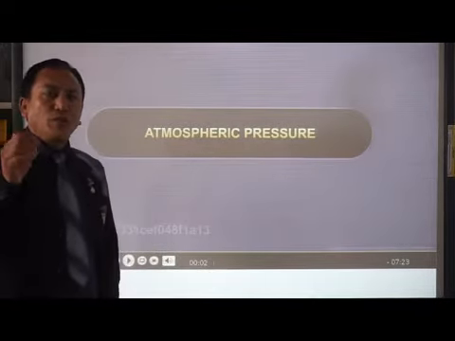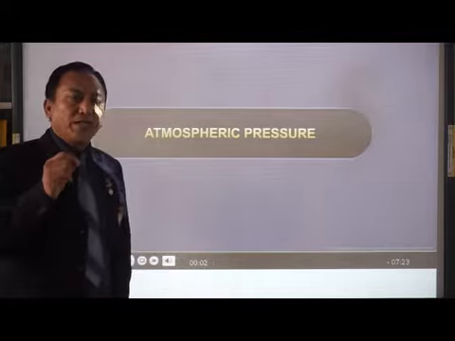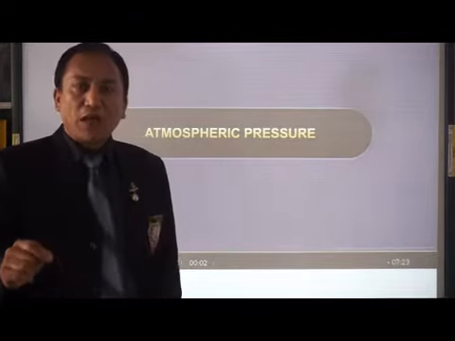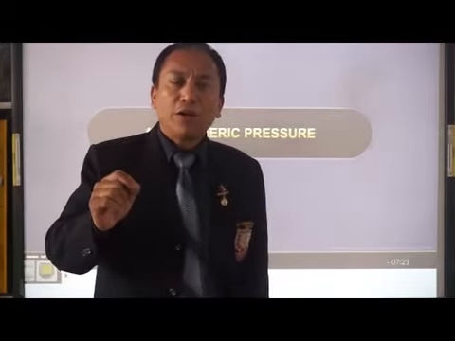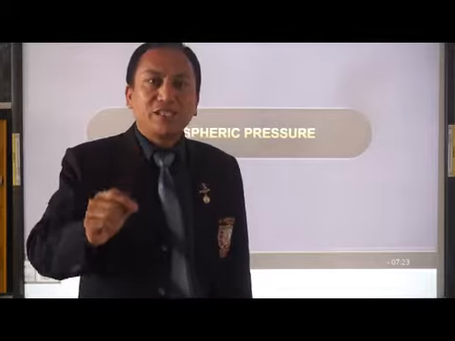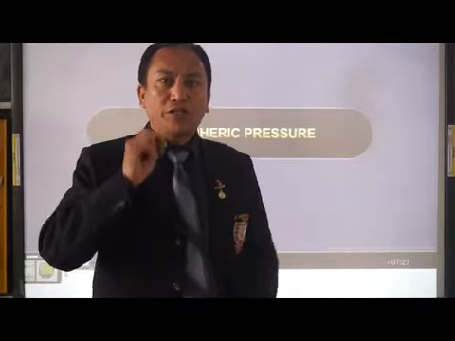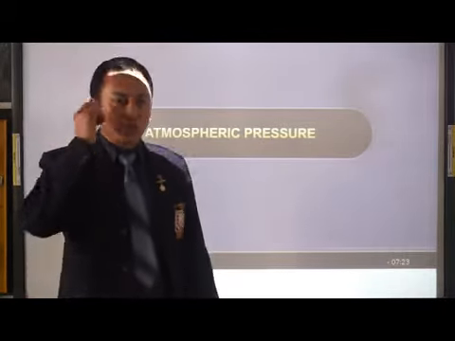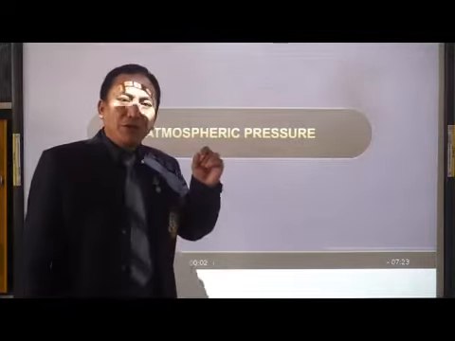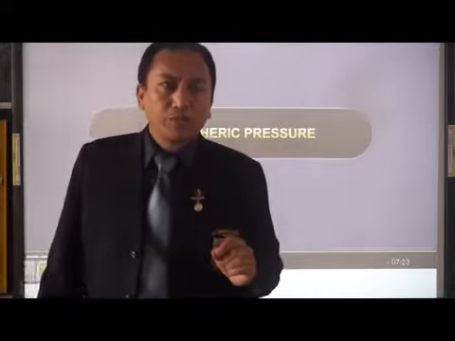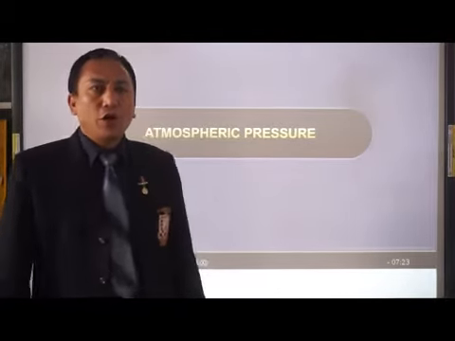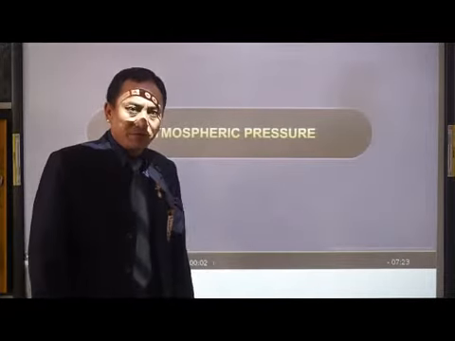So if you want to define atmospheric pressure, we can state that atmospheric pressure can be defined as the force exerted by the column of air on the Earth's surface. Once again, dear students, atmospheric pressure can be defined as the force exerted by the column of air on the Earth's surface.